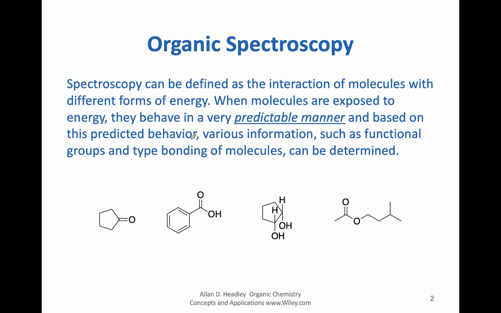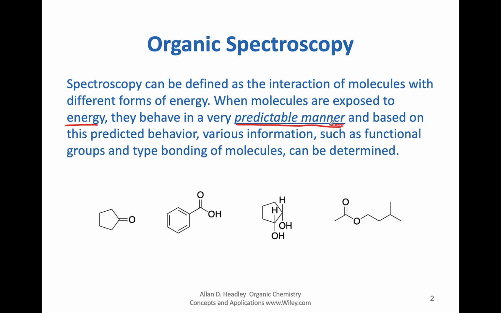So, as I have already mentioned, there are literally millions of different organic compounds, and new ones are being identified on a daily basis. But how is this identification carried out? The underlying principle here is that organic molecules, when exposed to energy, behave in a very predictable manner.